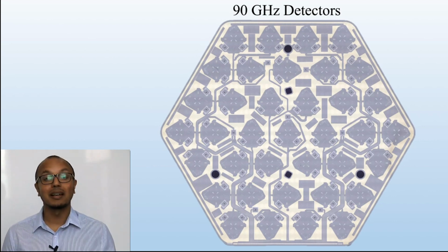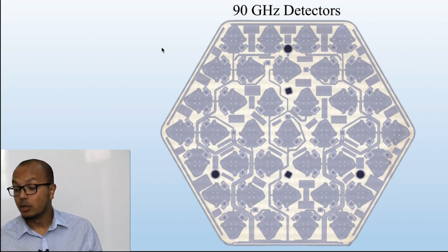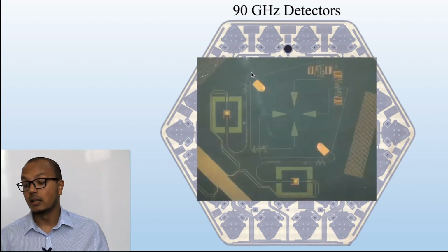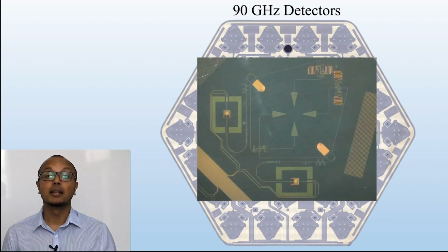A unique thing about CLASS detectors is that the detectors are fabricated on a single crystal of silicon for detector uniformity across the wafer. If you were to zoom in on one of these detectors, then you can see our detector circuit architecture.